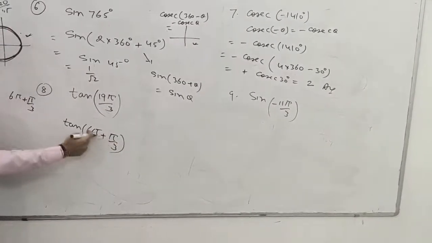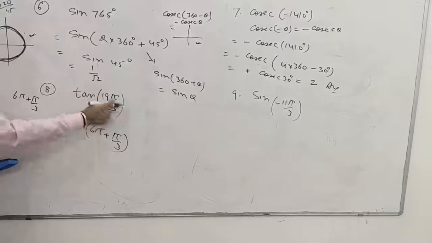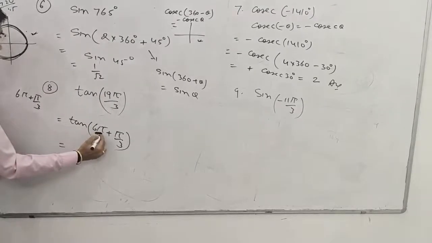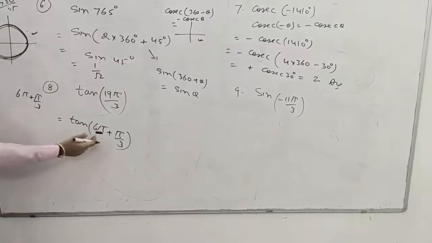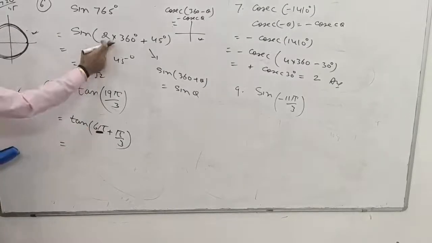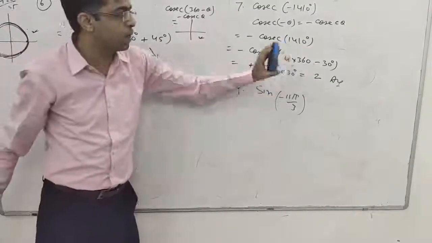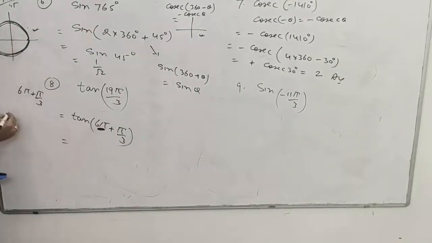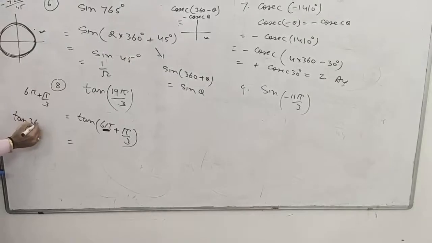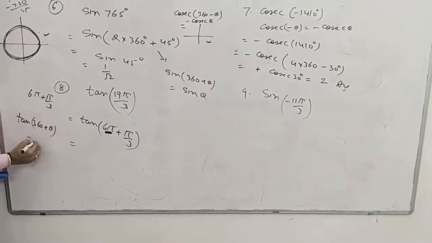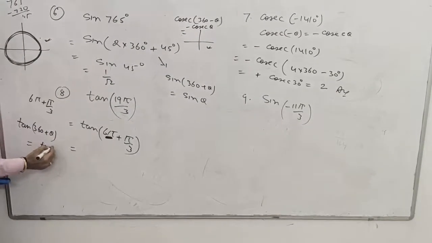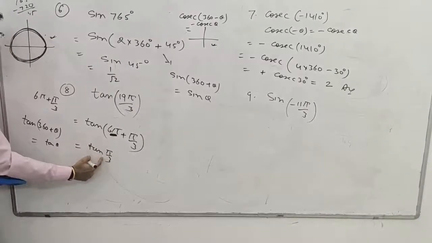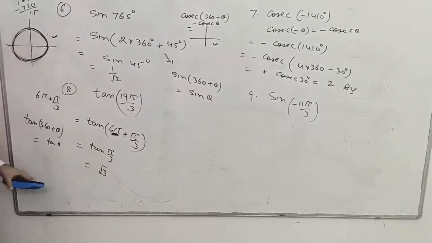On taking LCM, this is same as 19 pi by 3. So this is the multiple of 360 degree, means 2 pi. 2 pi का multiple है. So we have to convert this into multiples of 2 pi. So this is tan 360 plus theta, and that is again tan theta. So this is tan pi by 3, and tan pi by 3 means tan 60 degree. Tan 60 degree is √3.